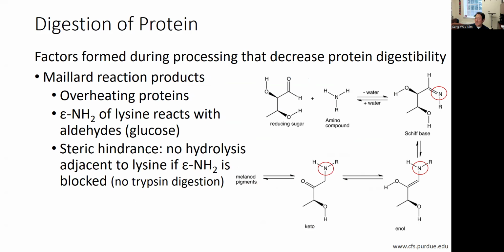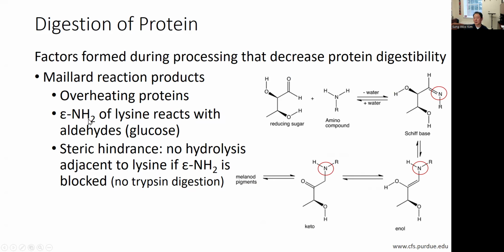And some other, the heating can cause the reduction of protein digestibility. When you heat the protein, especially when reducing sugars are present together, the amino group on the R group of lysine, called the epsilon amino group, will be combined.